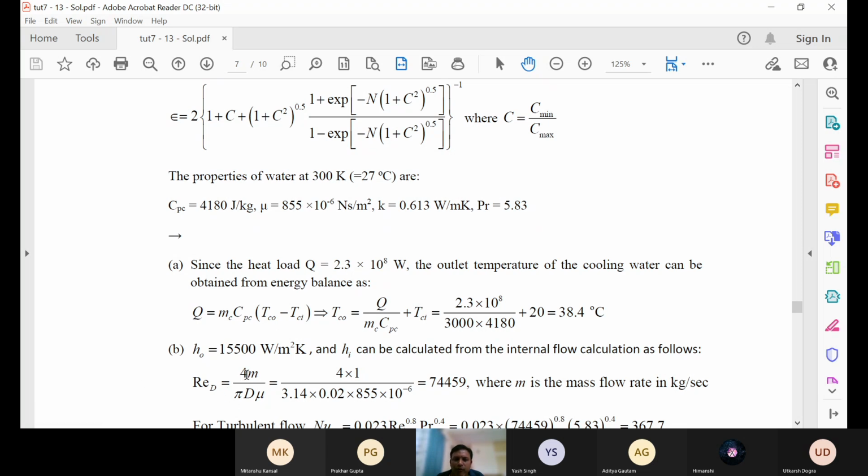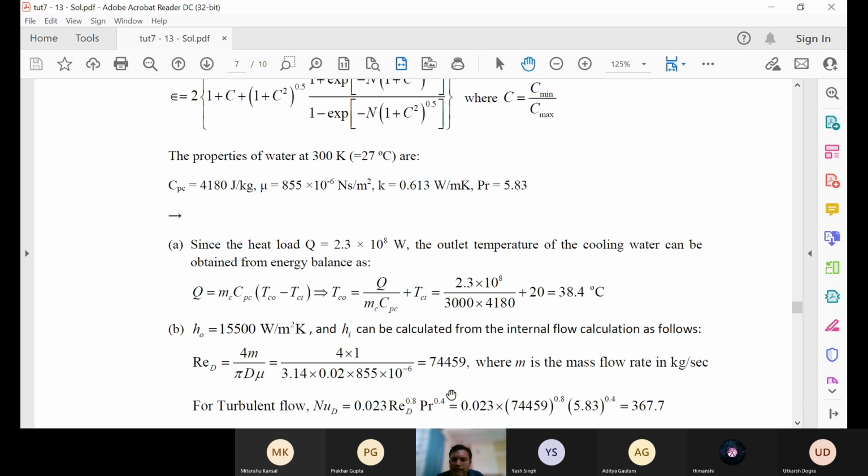The Reynolds number is given by what? 4m divided by pi d mu, isn't it? Based on this we can calculate the Reynolds number inside the tube. The mass flow rate is already given, so that is multiplied here, divided by pi d mu. All the properties are also known. We can calculate the Reynolds number, which comes out to be 744.59.